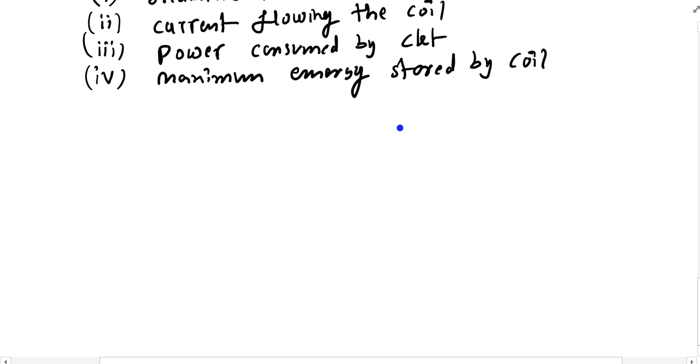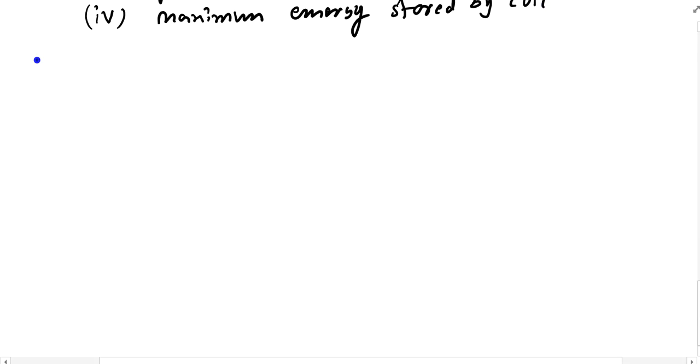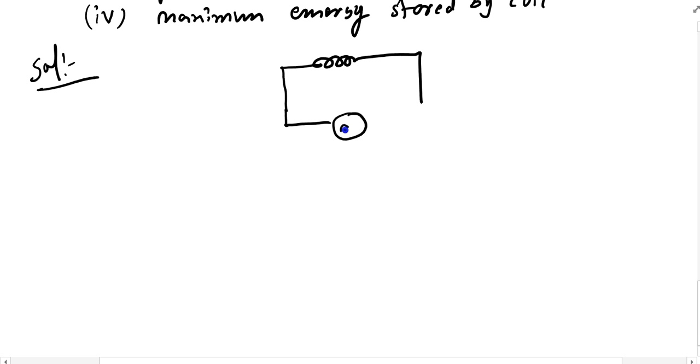Whenever you go for the solution, first you have to convert the description of the problem into a diagram. This is very simple. A choke coil is given and this is my voltage. The inductor is 0.014 henries, and 220 volts and 50 hertz are also given to us.